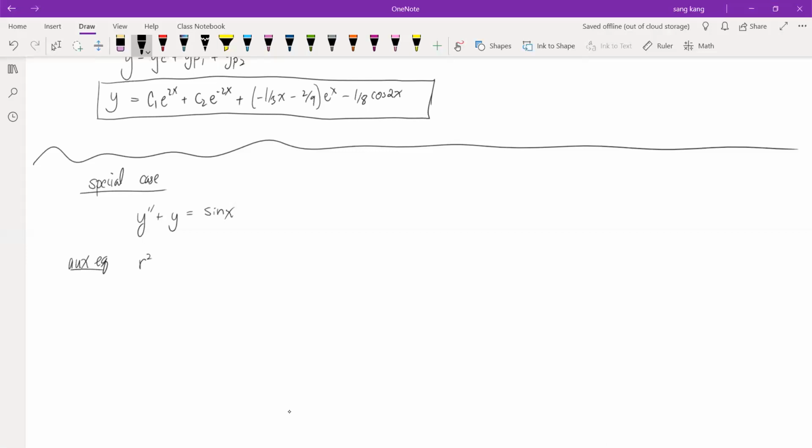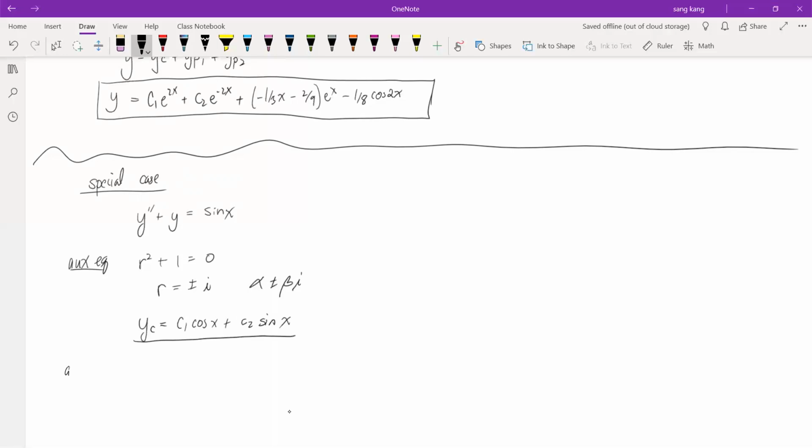If we find the complementary solution, we see that r equals plus or minus i. Remember, alpha plus or minus beta i. So therefore, our complementary solution e to the 0x, so that's just 1 times c1 cosine beta x, which is x, plus c2 sine of beta x, right? So this is my complementary.